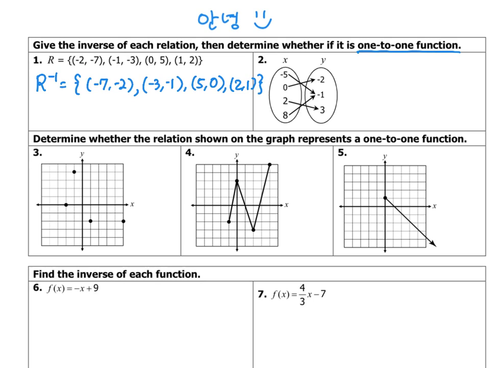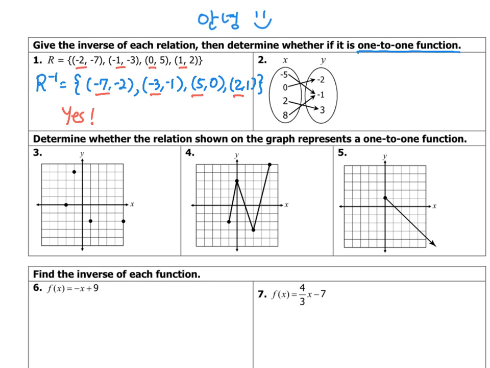If each x value has only one y value, that's a function, right? For a one-to-one function, your inverse also has to have one x value to one y value. So right here, both have each x value with one y value. Yes, it is a one-to-one function.